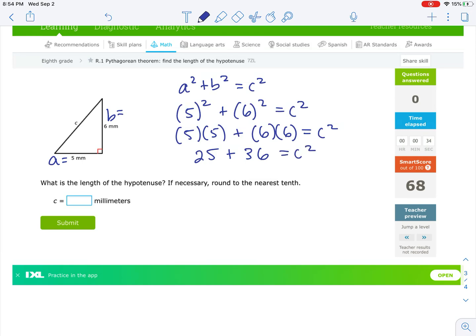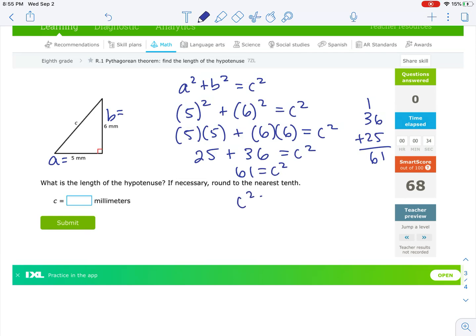Now I need to add these two numbers together, 25 and 36. 6 and 5 make 11, 1 and 3 make 4, 5, 6, so 61 equals C squared.